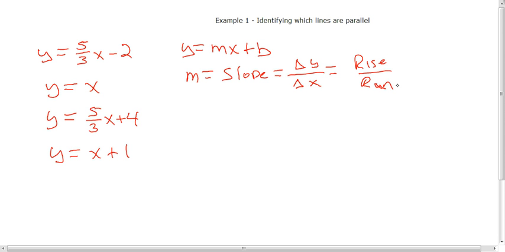So in this first problem, our slope is 5 over 3.